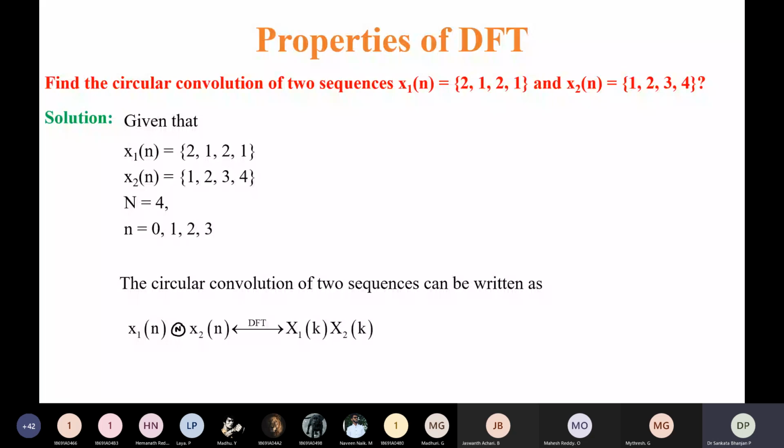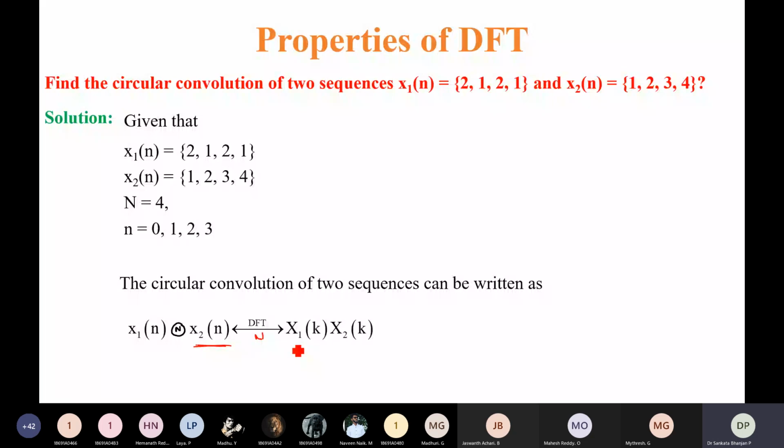So what is the next part of our discussion? Listen carefully. We already discussed a property of the DFT, that is circular convolution. So what is that property? When x1 of n is circular convolved with x2 of n, its N-point DFT is the product of the DFTs of the corresponding input sequences, that is X1 of k into X2 of k.